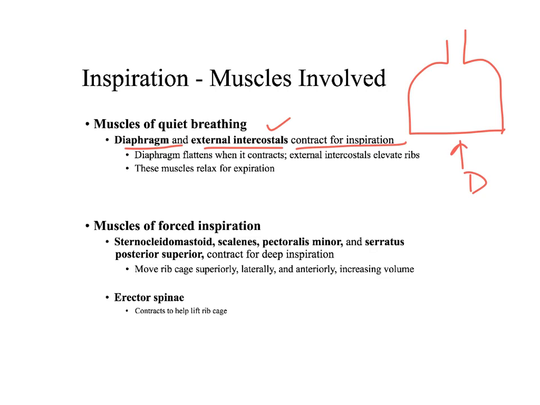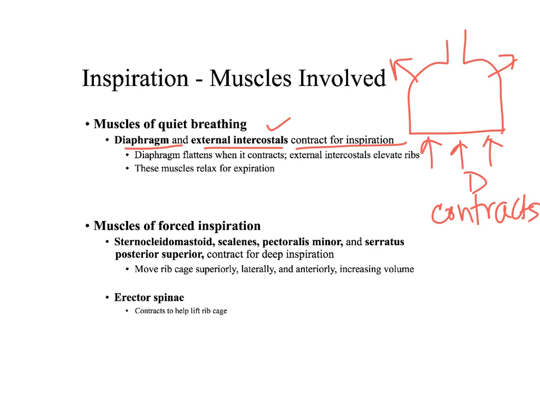When the diaphragm contracts, it flattens. So this is a contracted diaphragm. Then the external intercostals are going to lift the ribs up. So you can kind of picture yourself taking a deep breath and your chest cavity gets bigger.